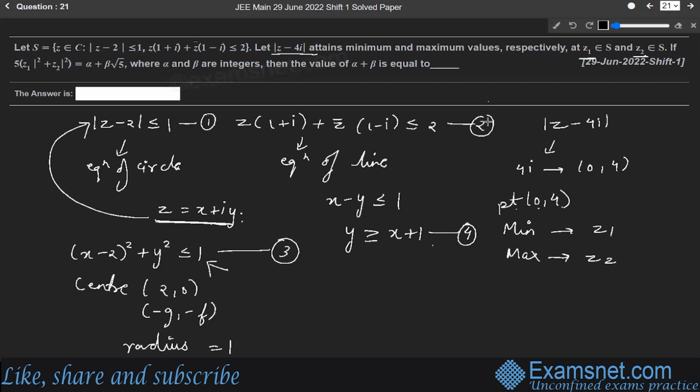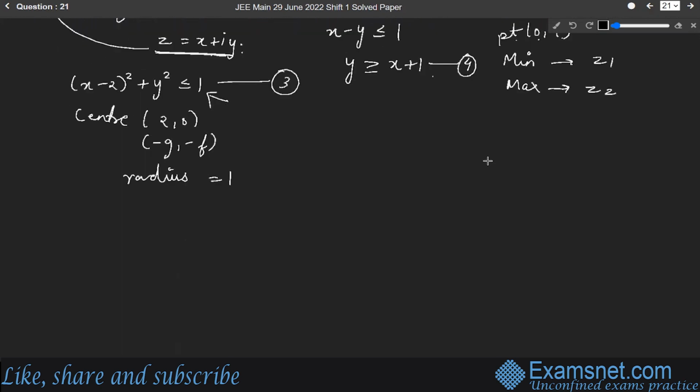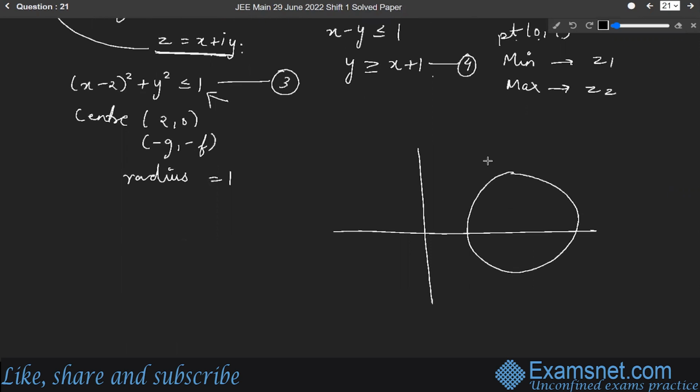Okay. So let us first draw the diagram. This is the x-axis and this is the y-axis. Consider this as the circle. Okay. We know the center of the circle. Let this be the center of the circle, which is (2, 0). All right. We know that the line is to be made above the x-axis. Okay.